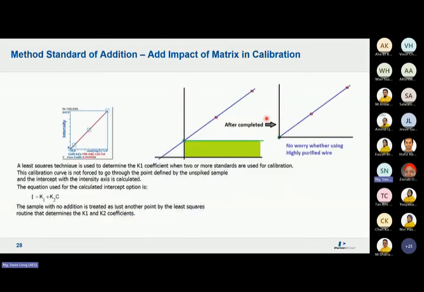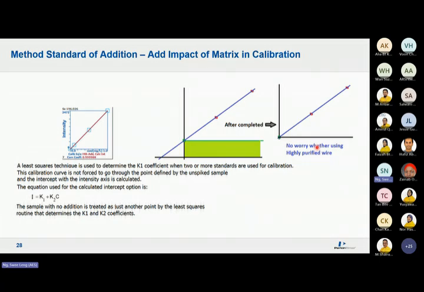If you do the method of standard addition, in ICP you can also do it, and the software will do the correction automatically for you. After you complete the analysis, your calibration curve will look normal, but please be aware that while building this calibration curve, standard 1 or standard 2 already had the impact of the matrix in the calibration.